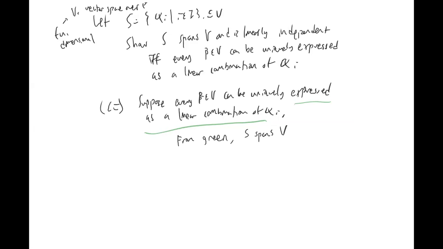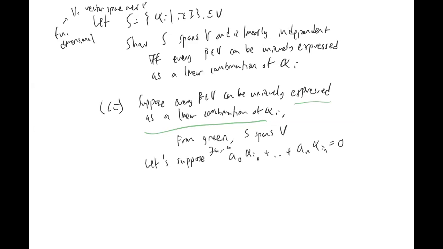Now suppose every expression is unique. Let's suppose there exists a_0 to a_n such that the linear combination of the alpha_i is 0.